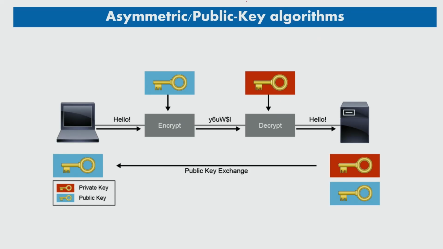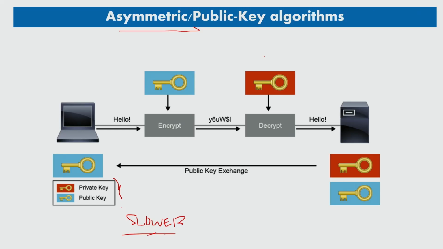Now let's talk about asymmetric algorithms. It is also known as public key cryptography, and it employs a two-key system with one key used for encryption and the other for decryption. In comparison to symmetric algorithms, asymmetric algorithms are significantly slower. So take note of this one.